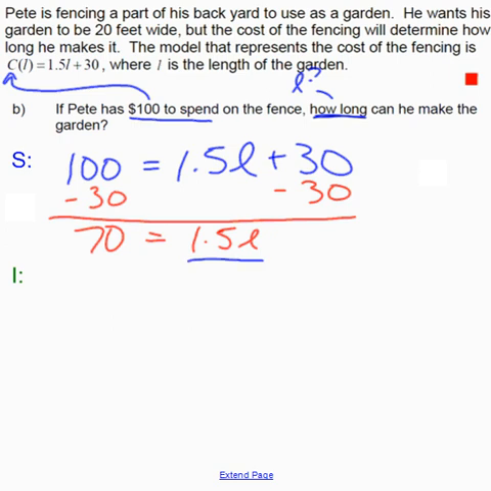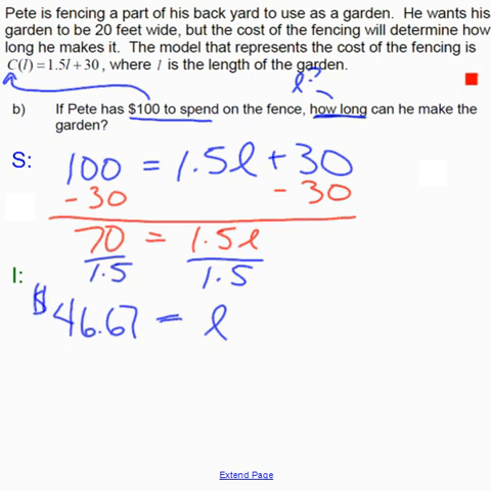Divide both sides by 1.5. And so his L equals, when I do that on a calculator, I get 46.6666, so it's 46.67.